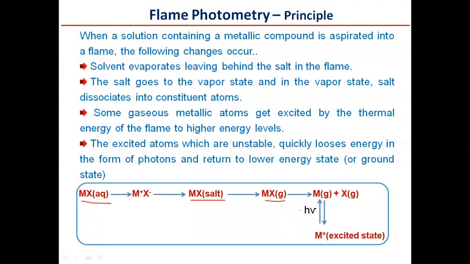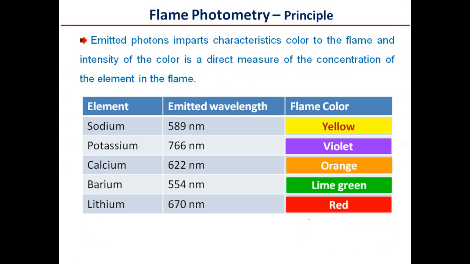This is very important: the energy these excited metallic atoms lose in the form of photons is what we are going to measure in the flame photometric technique. So this is the principle of the flame photometric technique. The emitted photons impart a characteristic color to the flame, and the intensity of the color is a direct measure of the concentration of the element present in the flame.